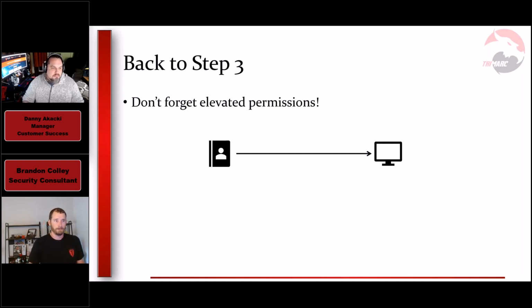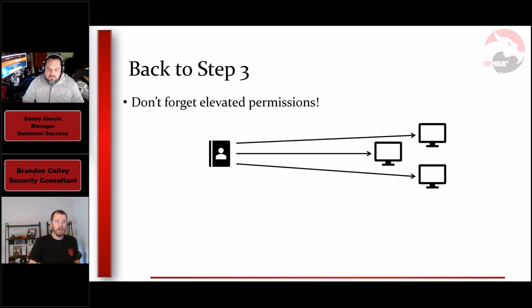Oh, goodness sakes. Okay, so before I move on, I want to go back to these elevated permissions we talked about. All right, so you've got a service account. That service account logs into one workstation. Maybe not a huge deal. Maybe it's a local admin on that workstation. All right, one service account logs into 3 servers. Maybe it caches the credentials on those 3 servers, right?